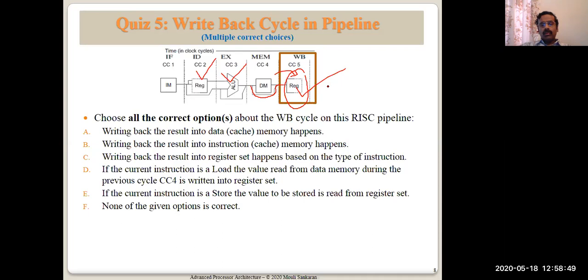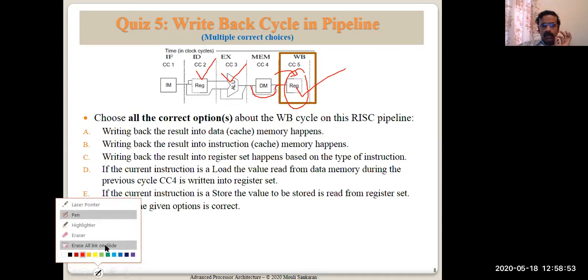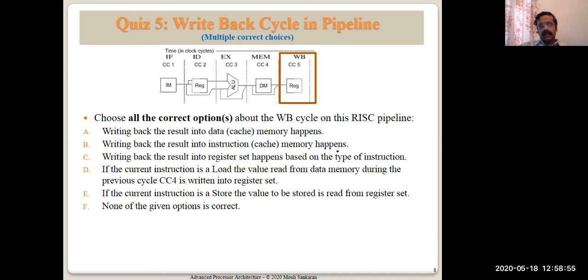Now suppose that was the case for add or some arithmetic operation. Suppose there was a load instruction currently here. What does it mean? The load instruction is trying to load from memory into some register. Now that memory access would have happened here.